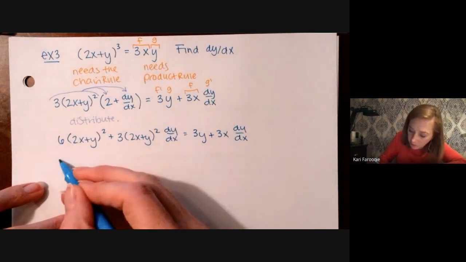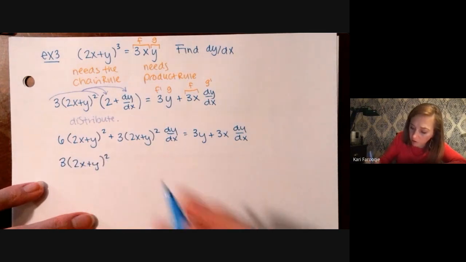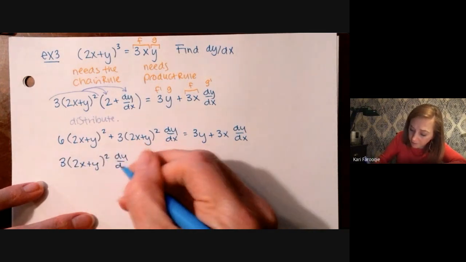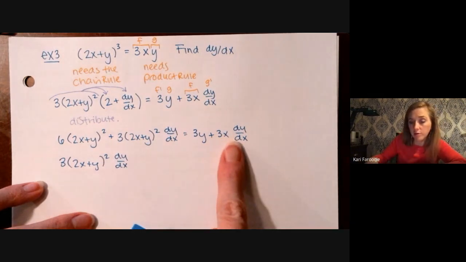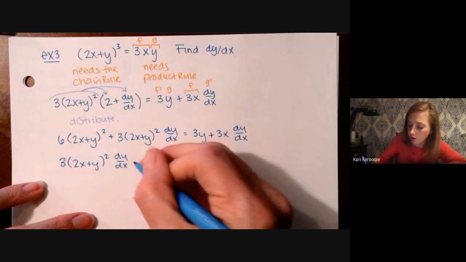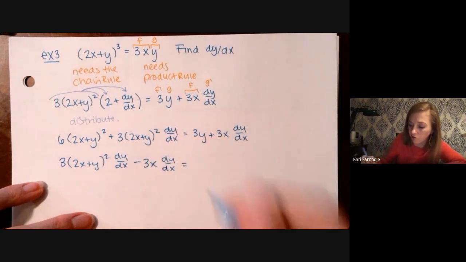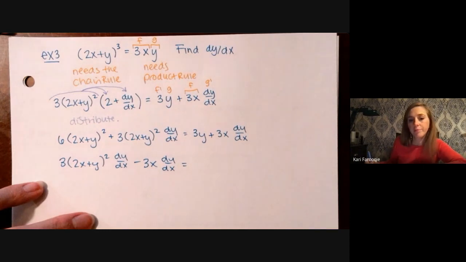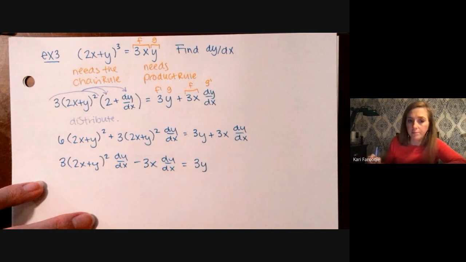So I'm going to keep the 3 times 2x plus y quantity squared dy dx on the left. And then I'm going to bring the 3x dy dx to the other side by subtracting. Change the side, change the sign. The 3y is going to stay on the right-hand side.